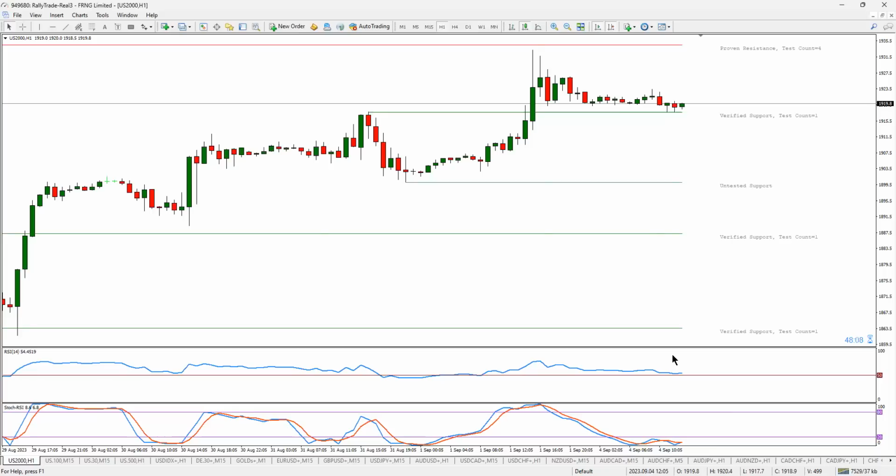It means that the trend is an uptrend. When the trend is an uptrend, you should be looking for buys. You can see I'm trying to speak as slowly as possible so that everybody can follow.